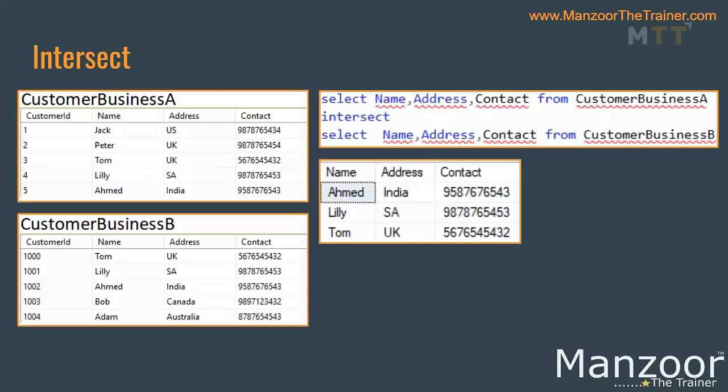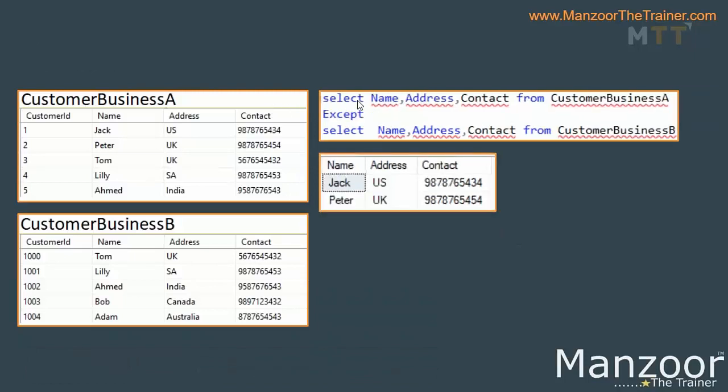Now, if I want all the customers of A except the customers which are in B, that is like A minus B. Or if I want all the customers of B except the customers which are in A, that is B minus A. I want all the customers from business A except the customers which are in business B. So I have Jack and Peter.